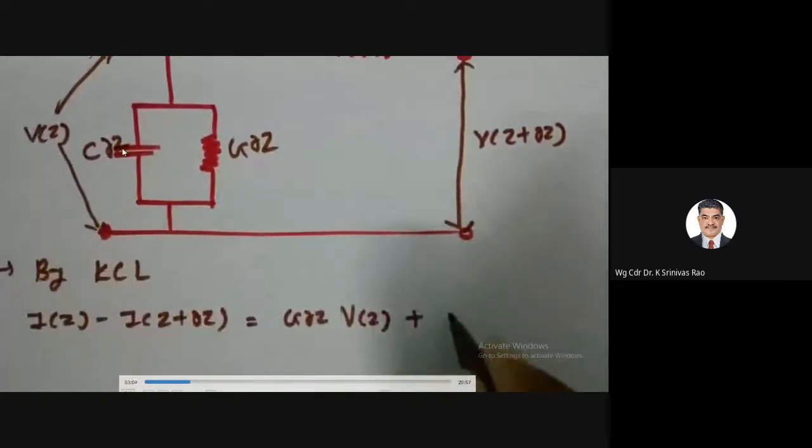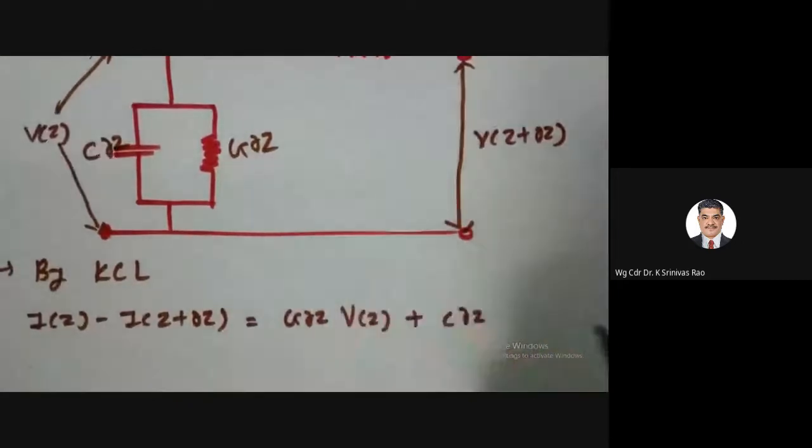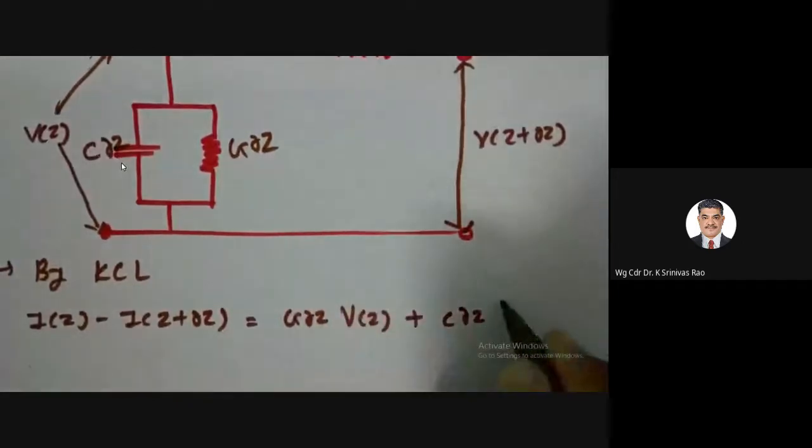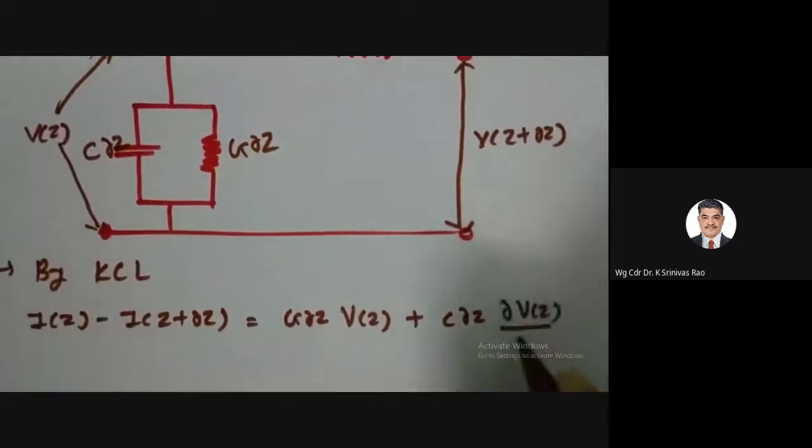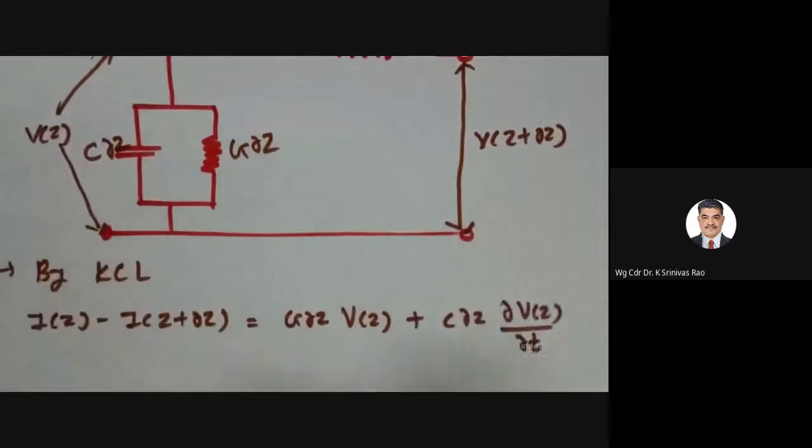Now across the capacitance, we have C Δz times the voltage across this capacitance, ∂V(z)/∂t, with respect to t.